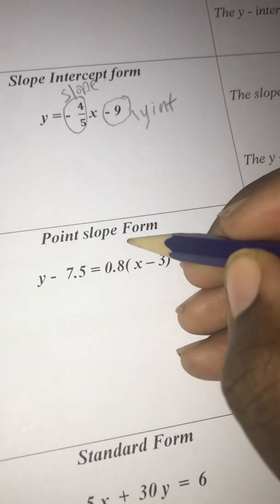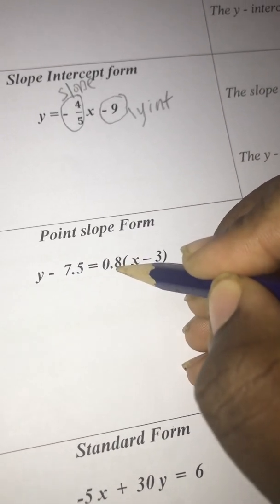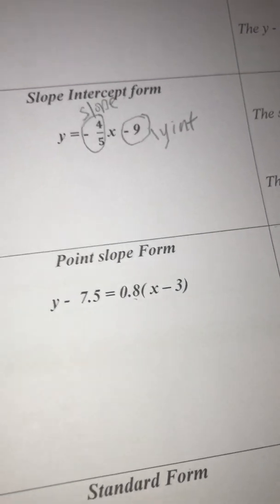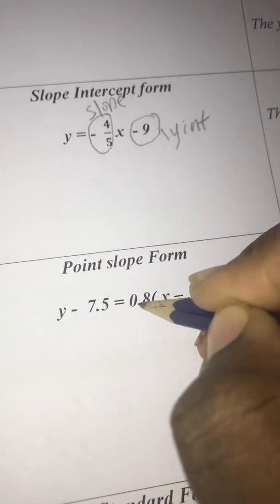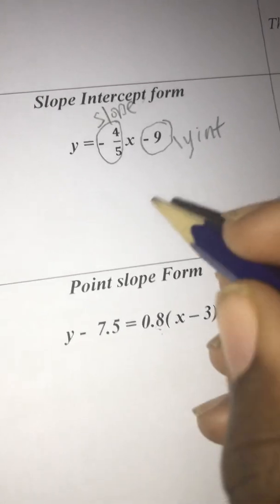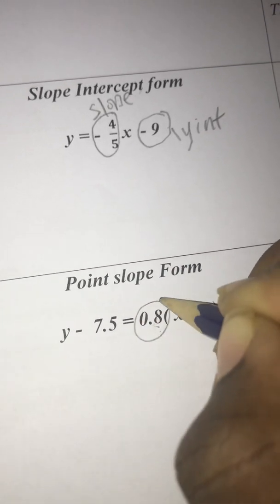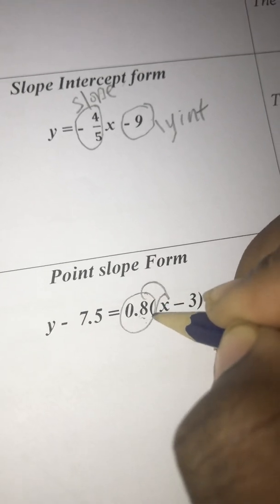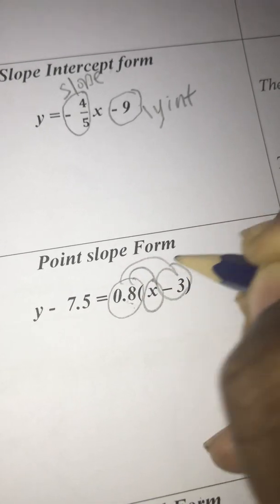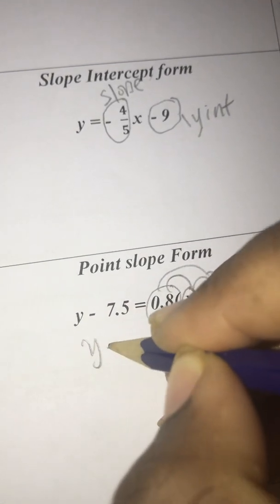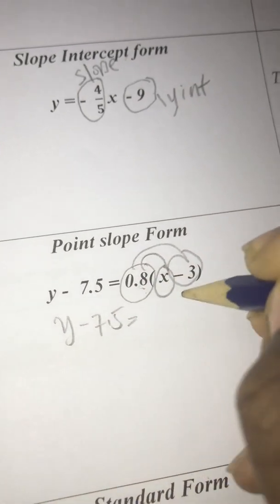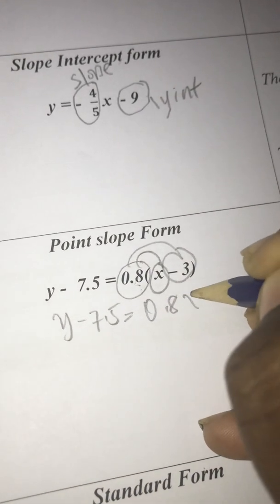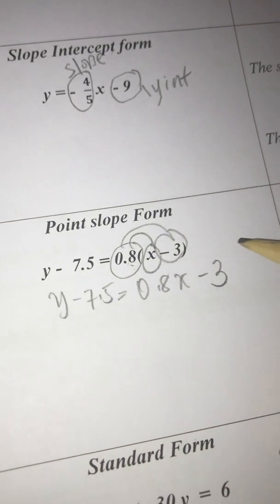Okay, so now when you have point slope form, you should already know that this is going to be your slope. But first write your equation. But you should know this is your slope. This number right here outside the bracket is the slope. So we're going to do the distributive property. So this is y minus 7.5 equals 0.8x minus 3.